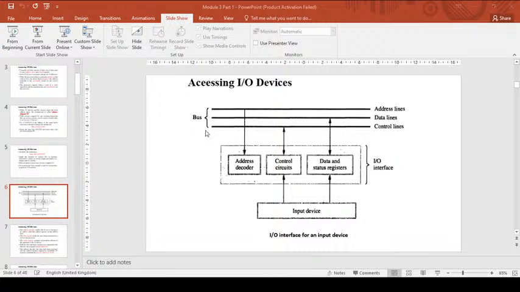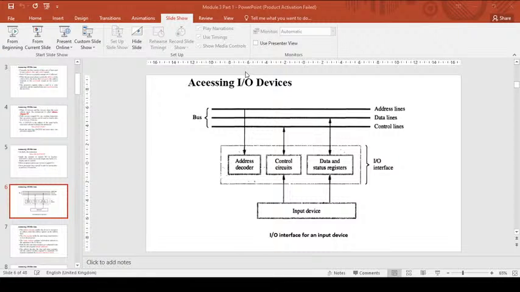Then there is a control circuit which will indicate to the IO device whether it is a read operation or write operation. If you have a read signal in the control line, that means the data transfers from the input or output device connected here to the processor, and if a write signal is present in the control line, the data transfers from the processor to the input output device.